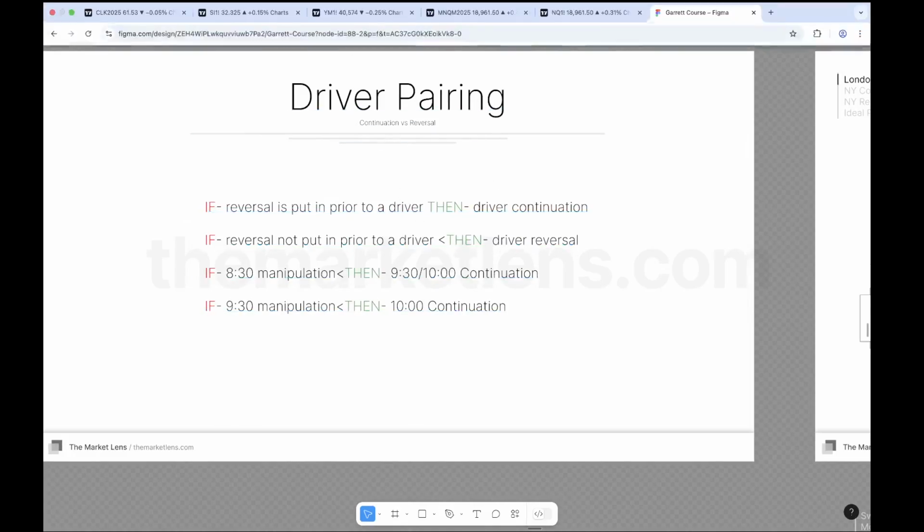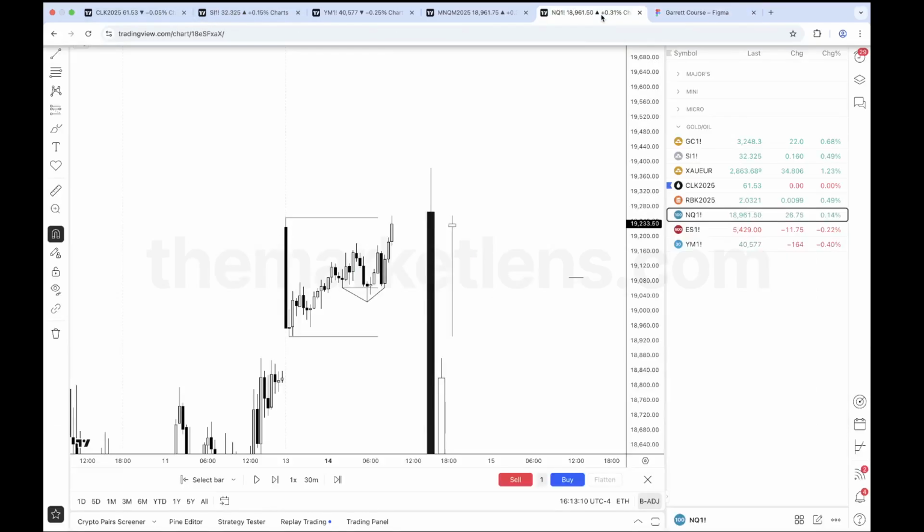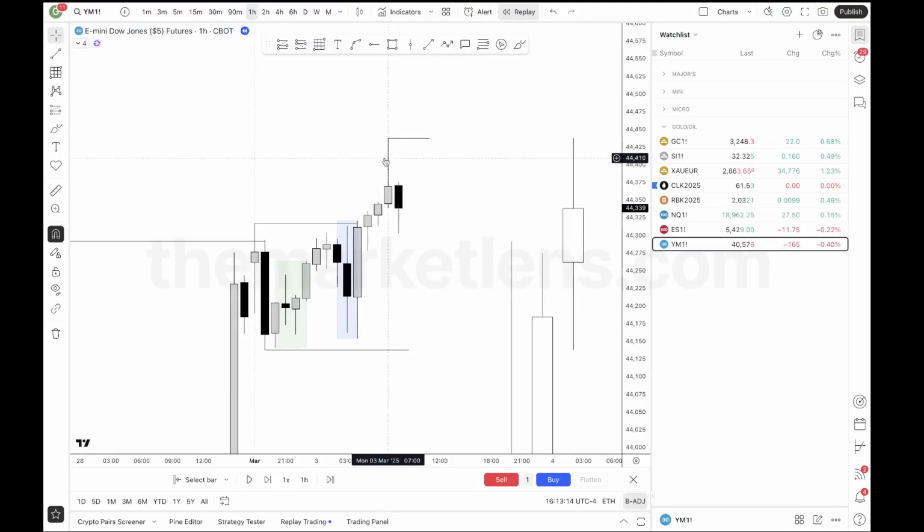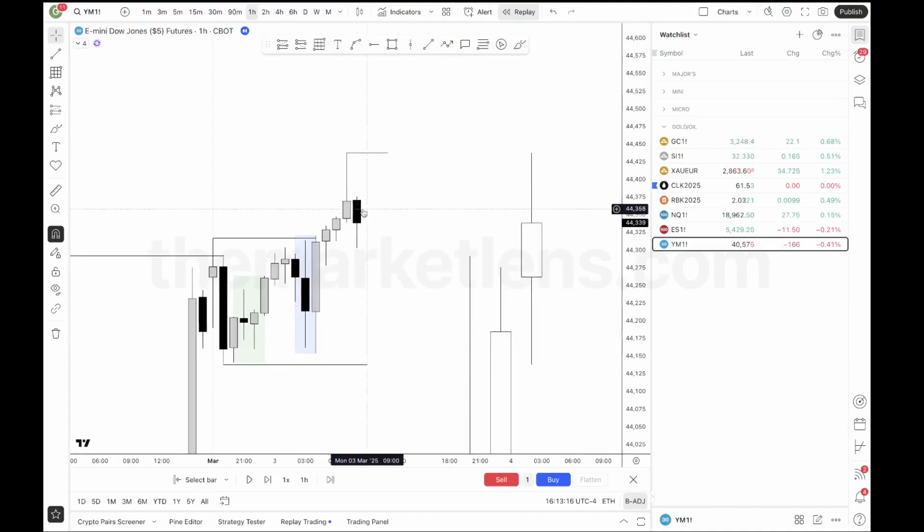This is one of the if-then scenarios we think about when approaching the daily profile or the daily range. So what we see here, there is no reversal prior to the driver. So the driver we want to see create the reversal. So where's the only place we could reverse from? It's this swing high. So that's what happens here, right?